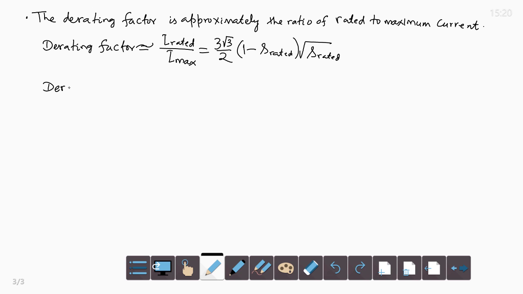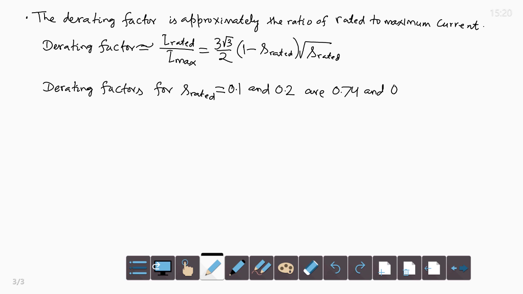So, derating factors for S rated equal to 0.1 and 0.2 are 0.74 and 0.93 respectively. You can compute it from the previous formula, you can get this value.